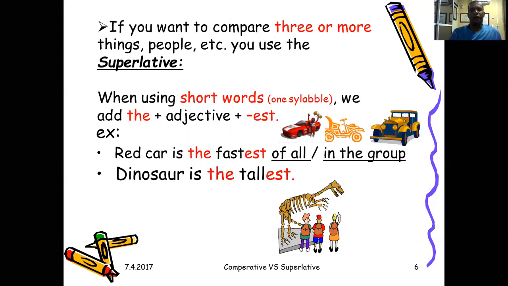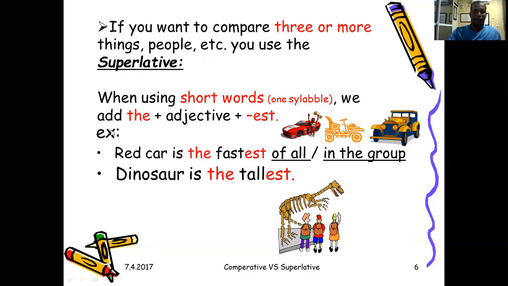If you want to compare three or more things, people, etc., you use the superlative. For example, when using short words, the one-syllable ones, we add "the" plus adjective plus -est.